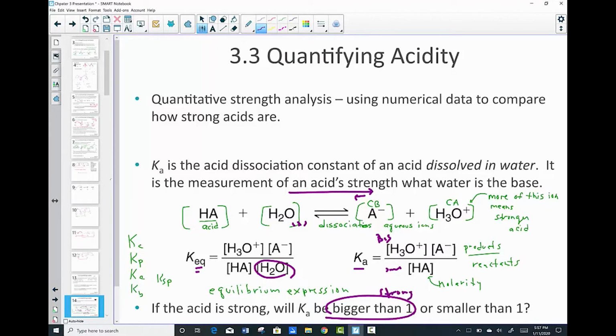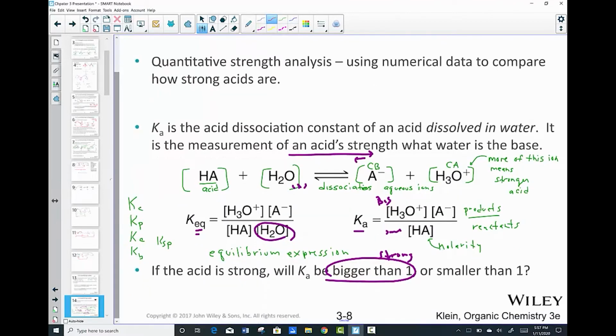Equilibrium is lying to the left. And this is what it would look like for a very weak acid. Weak acids do not dissociate with much success. And so we end up with a smaller number of products over a larger number of reactants to give us a fraction, which is a decimal, which means it's smaller than 1. The weaker the acid, the smaller the Ka. The stronger the acid, the larger the Ka.